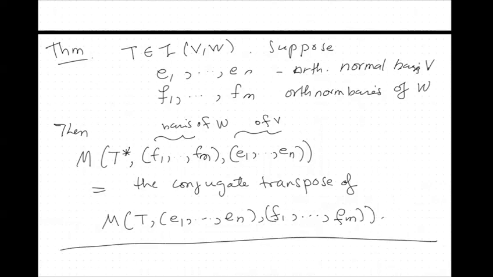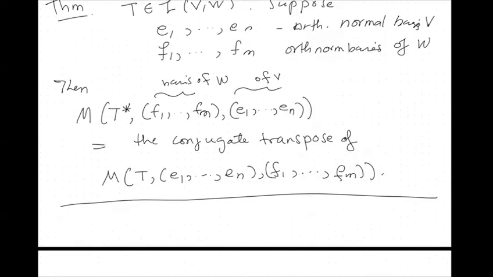So if you have a linear map and the matrix of that linear map, then the matrix of the adjoint is just the conjugate transpose of the matrix. Okay, I will not prove this. The proof is left as an exercise.